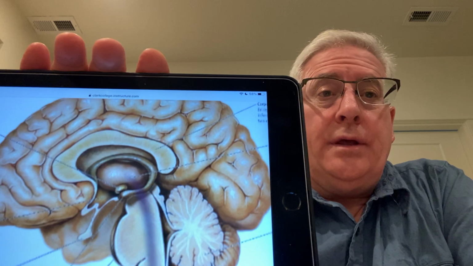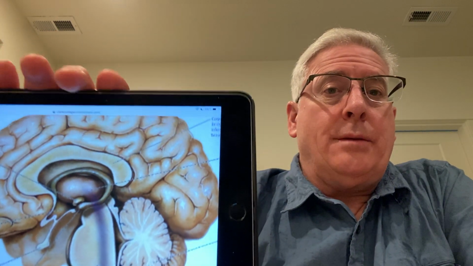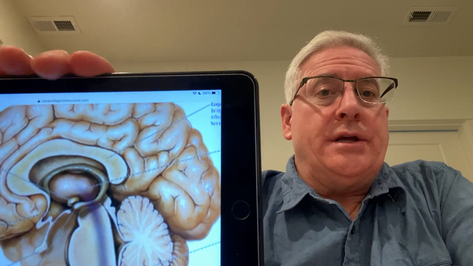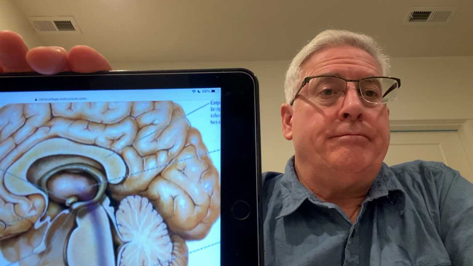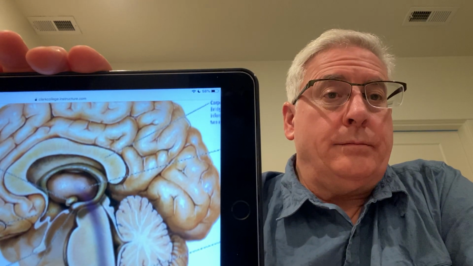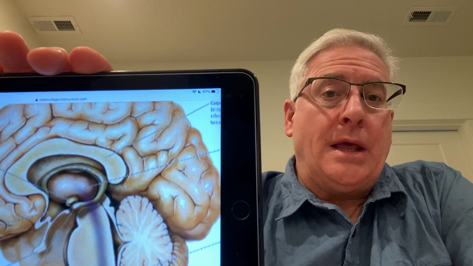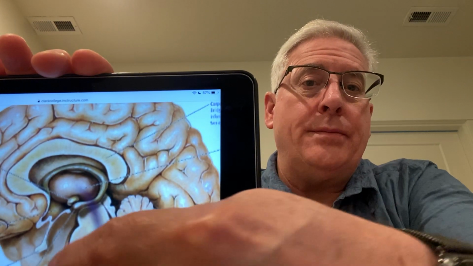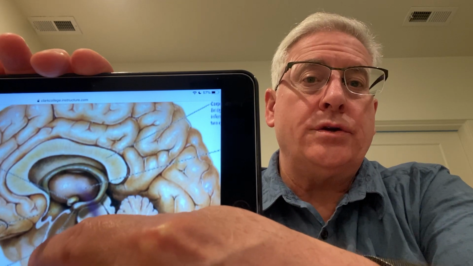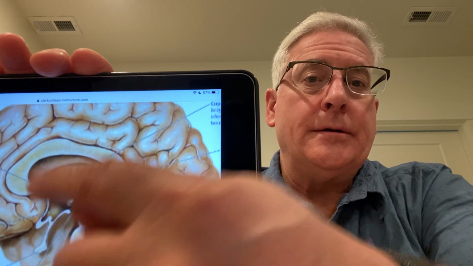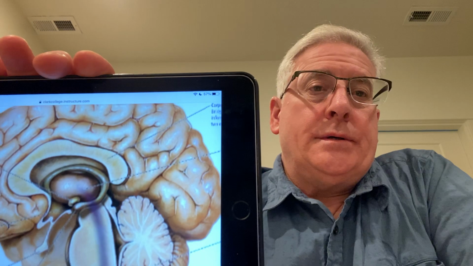Most people think that the hypothalamus manages the entire endocrine system, the glands of the body, but it does not. It's simply the foreman. The pituitary gland carries out the orders of the hypothalamus.